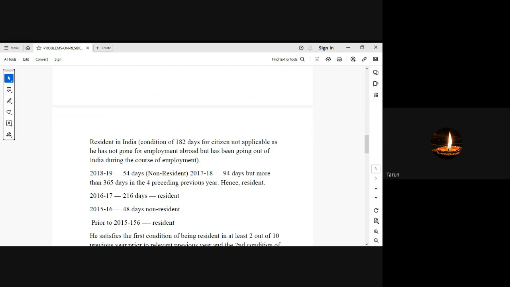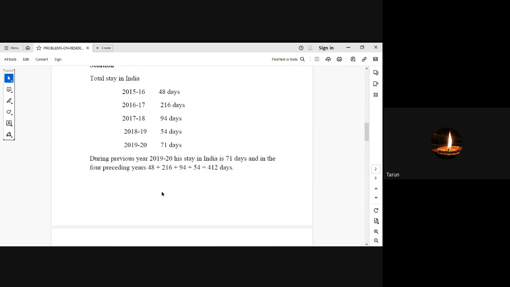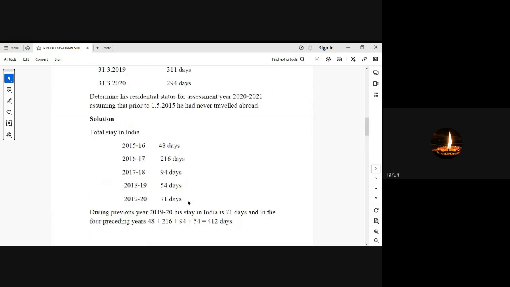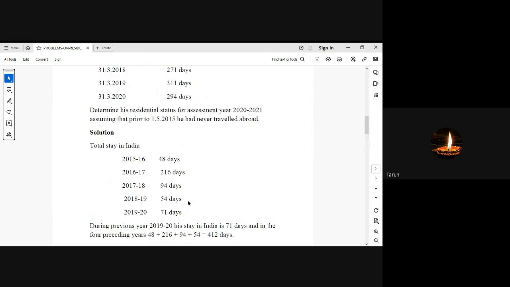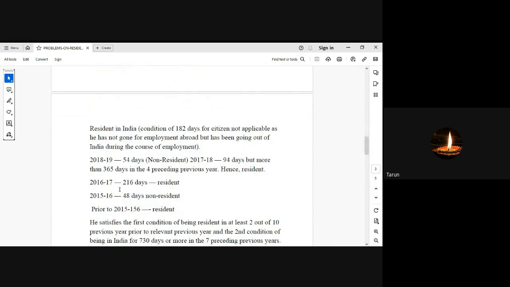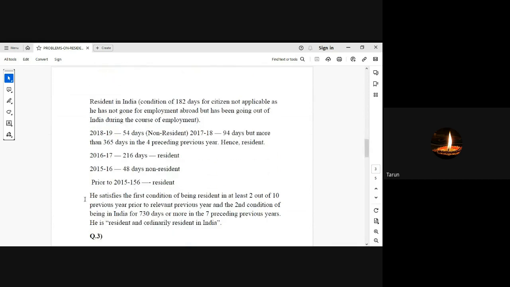Then if we take four, we have to talk about 2016 and 17. 2016 is a resident, then 2015 is a non-resident, and 2015 is a resident. So if we calculate the years under this category, he becomes satisfied.